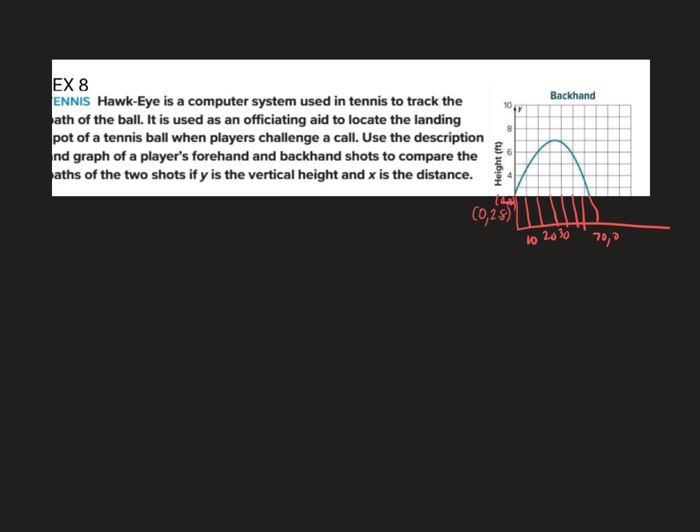And travels 29 feet when it reaches a height of about 10 feet. So 29 feet and it reaches a height of about 10 feet. So 29, let me grab my pointer. 29 would be about here. Is that true?